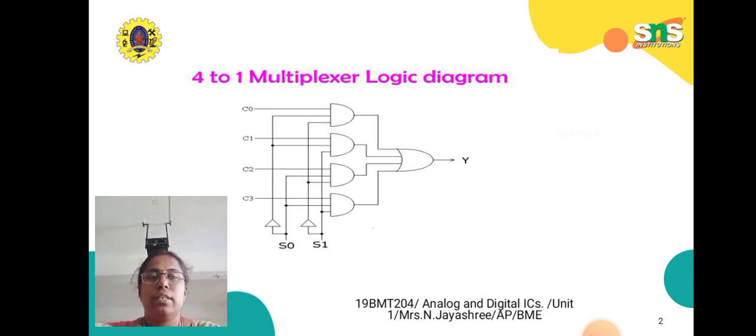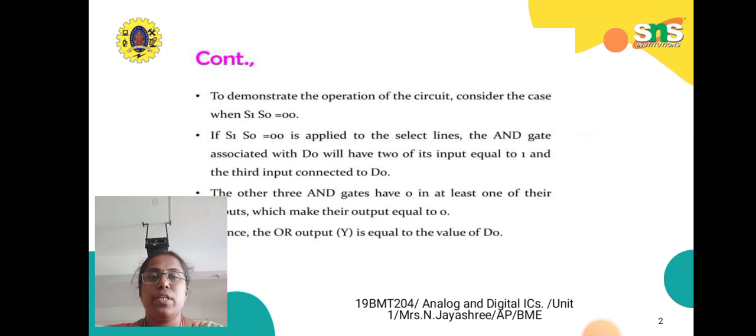So in the third case, if you want to get the output as D2, you give S0 as 1 and S1 as 0. Next one, C3. If it is 1, 1, the output D3 will come, right? If both the inputs are selected, 1, 1, then the output is D3. So this is the explanation.